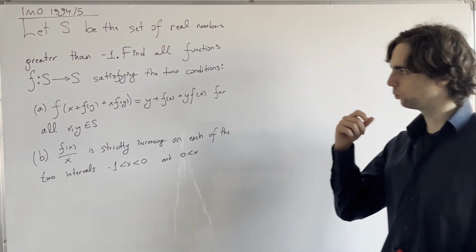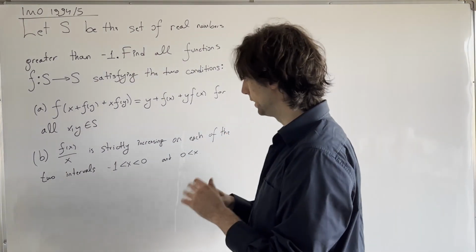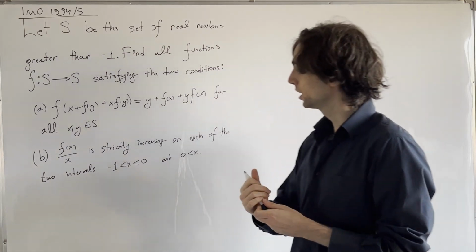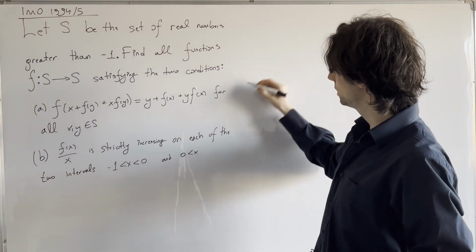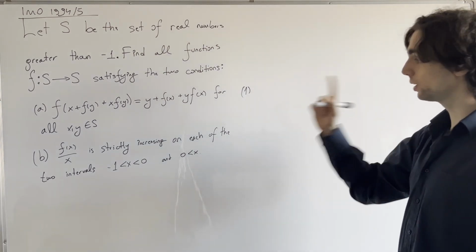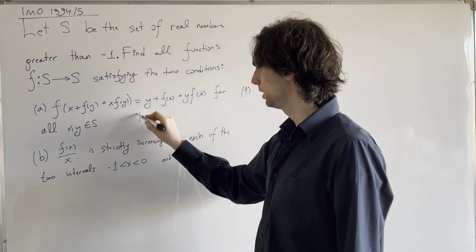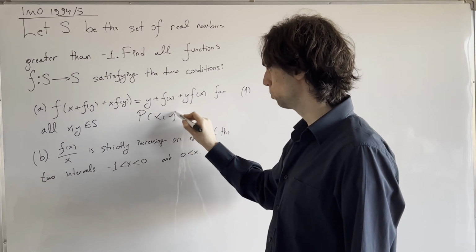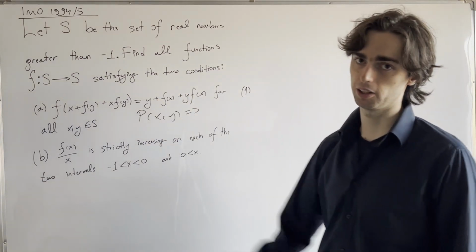Okay, so now let's see, what are we going to do here? Well, let's plug in, say, a 0 somewhere. Let's call this condition 1. In another way, we can say this equation is P of x, y, which implies this thing right here.